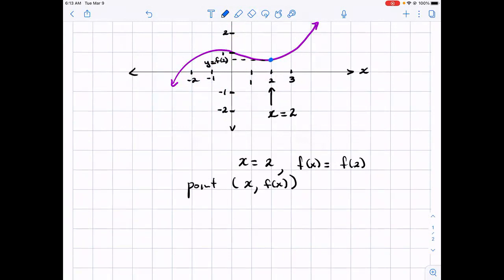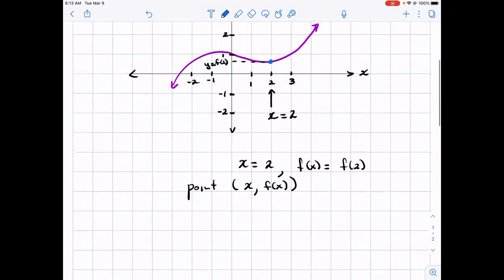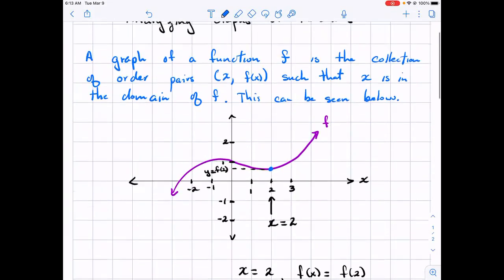That's how we used to do it, because we always used to have a table of values. So for every point, we have some x comma f of x. If we have all of these points and we plot them, we will get a graph.